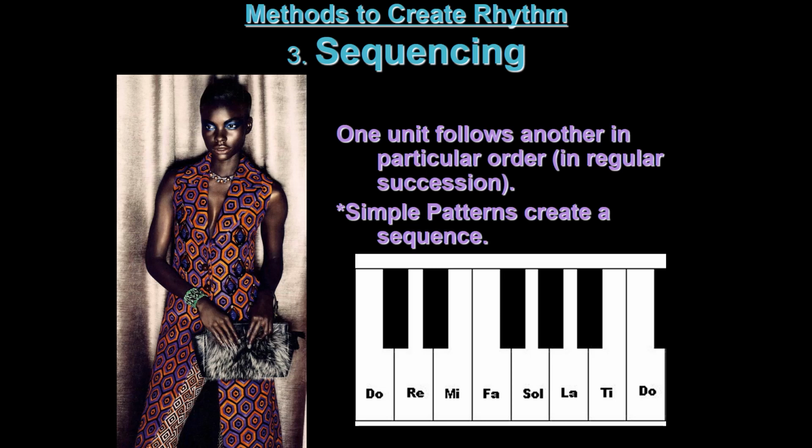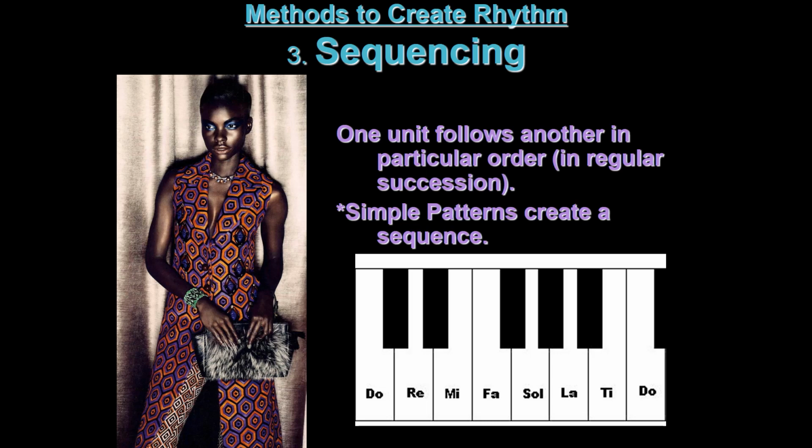So just to jump back in here, to take a look now at this concept of sequencing, the small shift from progression would be that now, when we're thinking about these units, they follow each other in a particular order. So they come in a regular succession.